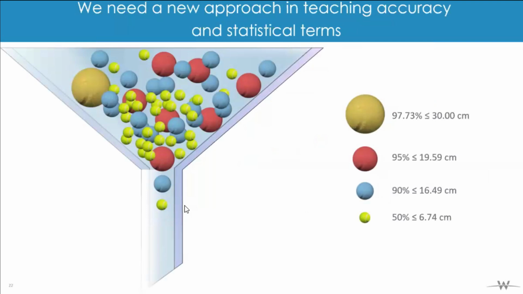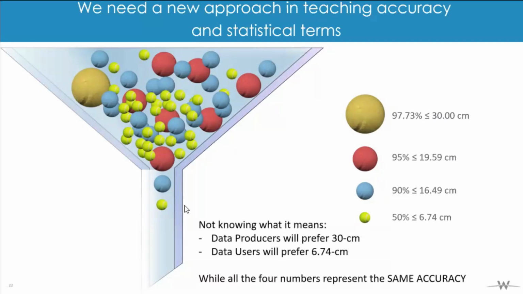If I use the funnel approach, and I have balls of different diameter sizes, for example, each one representing a confidence level, the 97%, 95, 90, it might make people think or digest it better than what we had before. So for somebody not knowing what it means, and you present that, what accuracy should you pick?